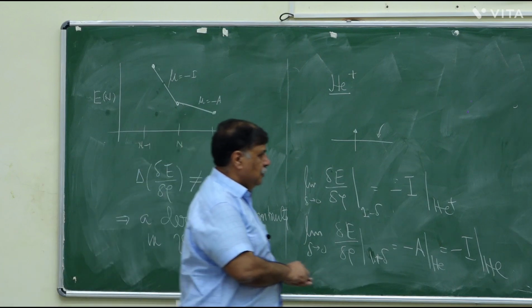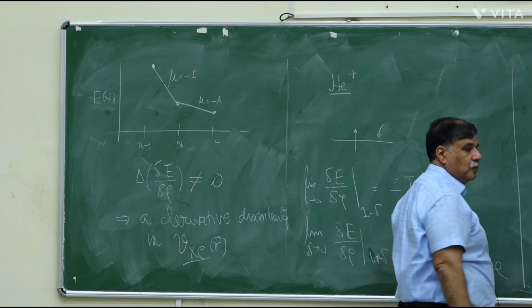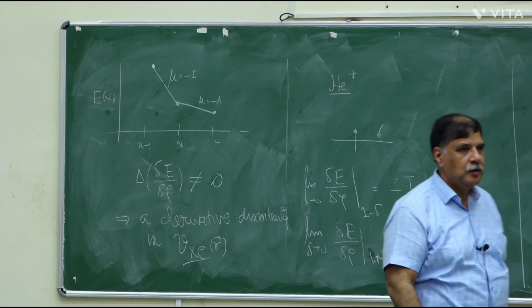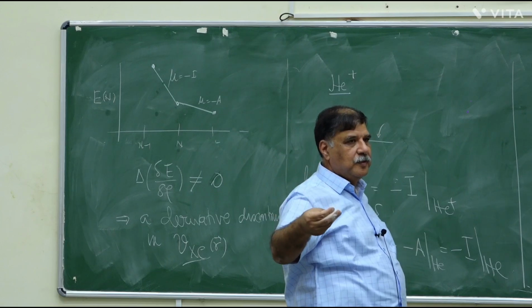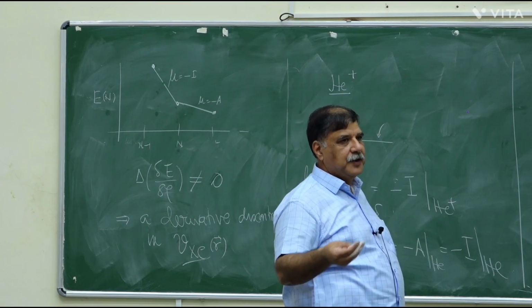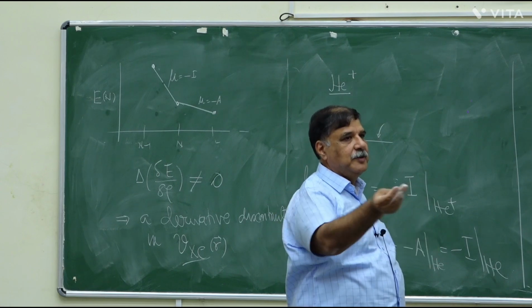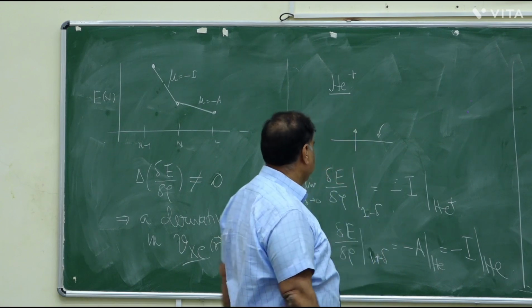Okay? Now, how are these two terms the same, ionization potential and ionization potential? If you take helium, you try to remove an electron, you will have the ionization potential of helium. You take helium plus, you try to put in the electron, it will be exactly minus of that. Right? Okay.